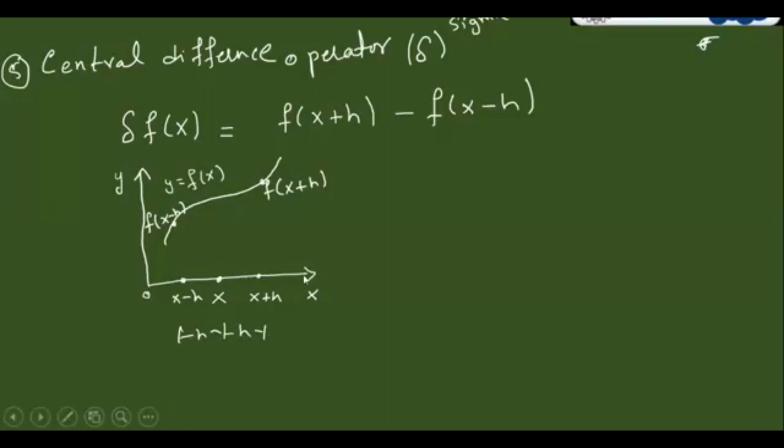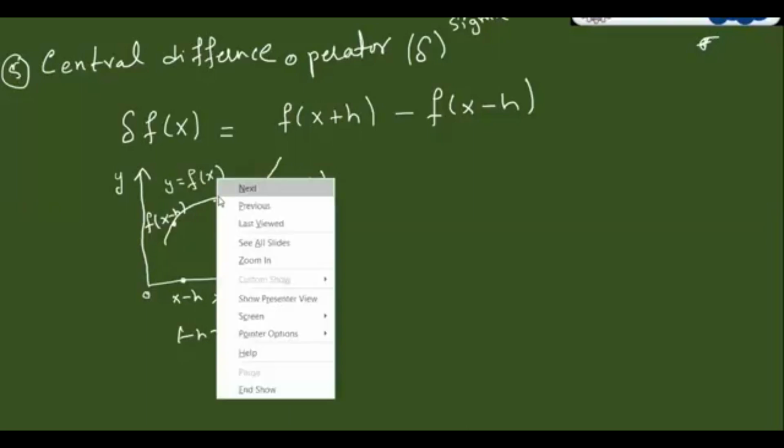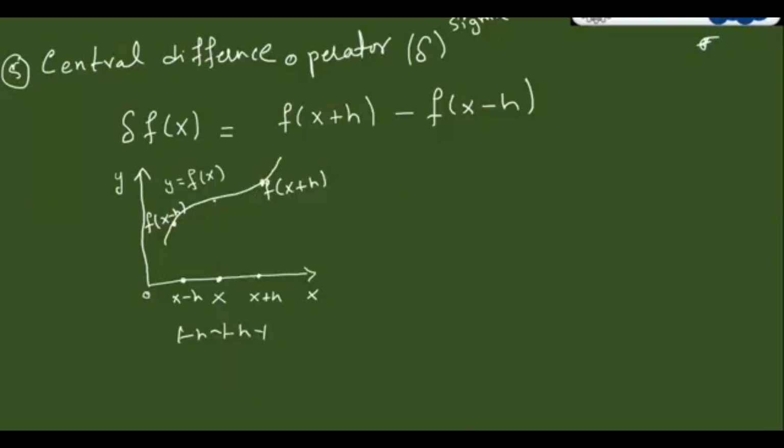If you compute the midpoint of these two, you will get exactly the central value x. So I want to compute a difference, or a change, at this point based on the central values, the values which lie at the center of these two points.